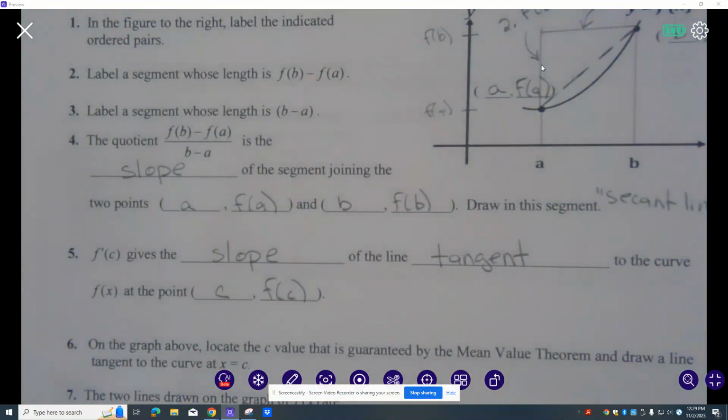So slope of the tangent line. We don't have a point C on our graph, but we could put it, and then that would be the slope of the tangent line. Okay, you're probably wondering, where is this going?